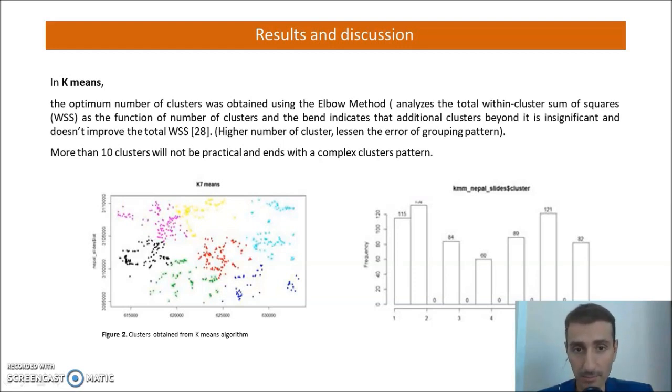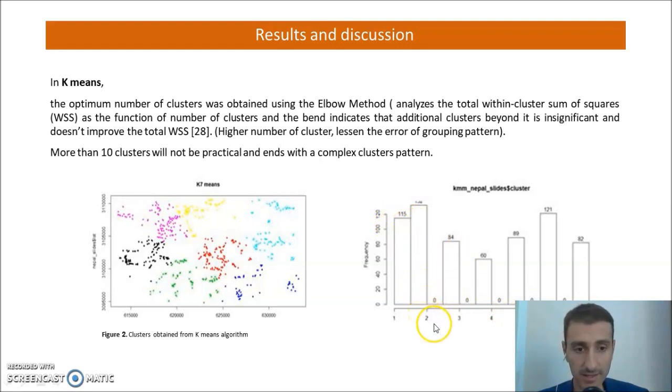Whenever we find the bend, we fix the number of clusters there, because more clusters won't improve the model. Based on the bend, we found around 7 clusters. More than this would just add complexity.